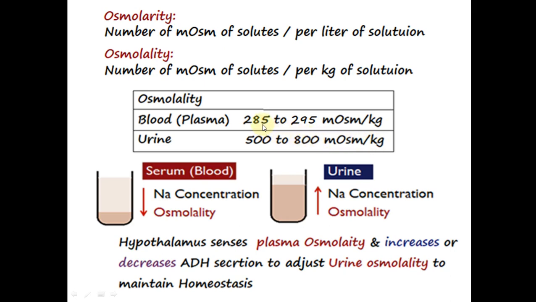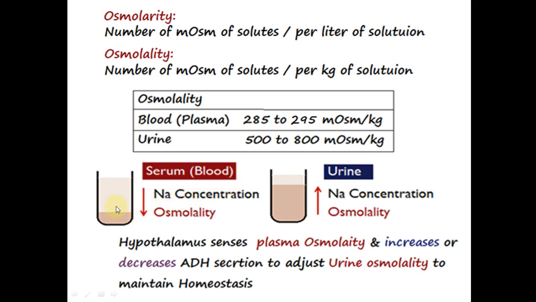And these measurements are adjusted by the antidiuretic hormone of the posterior pituitary gland, which will increase or decrease the reabsorption of water from the urine.